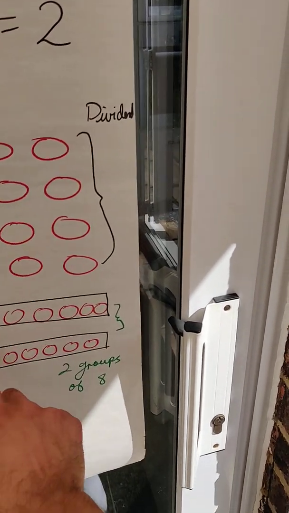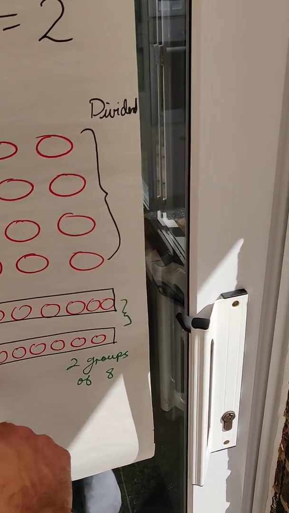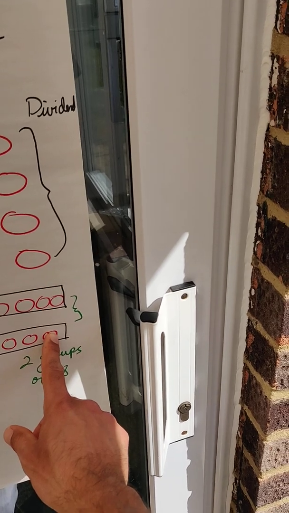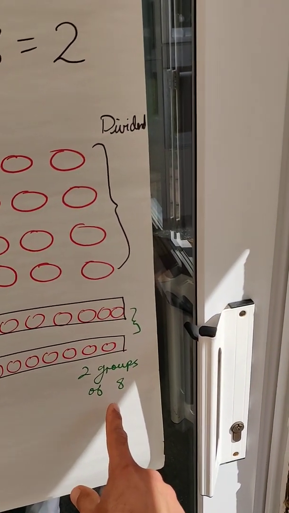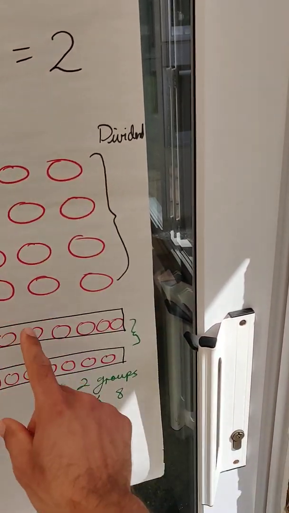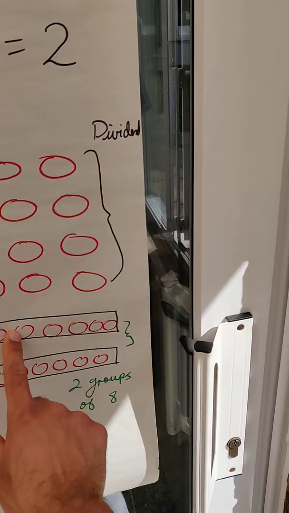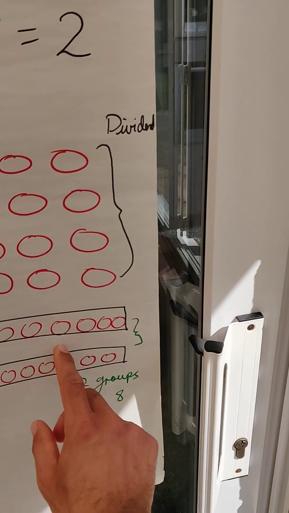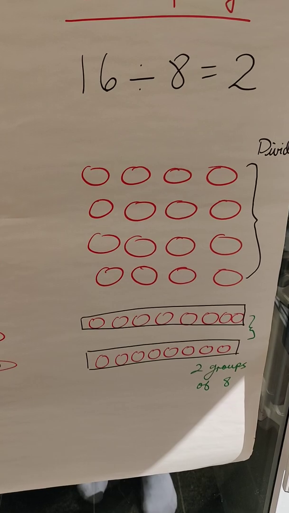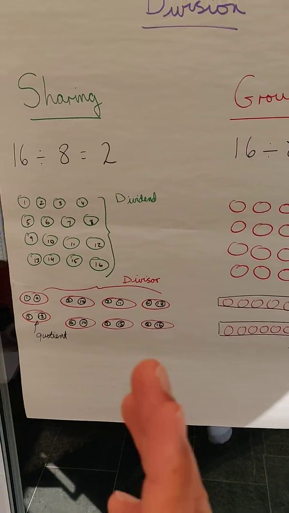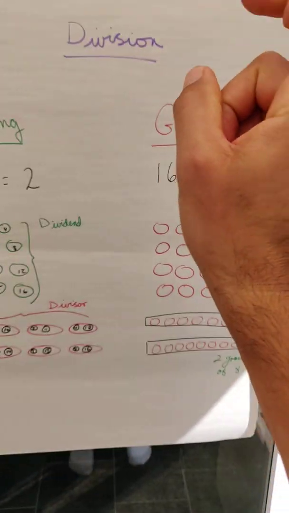And I use 8 to create one group, and then I can create another group of 8. So then my quotient tells me how many groups I can make of 8 out of this, and the answer would be I can make 2 equal groups, which is right here. So that is the difference between sharing and grouping.